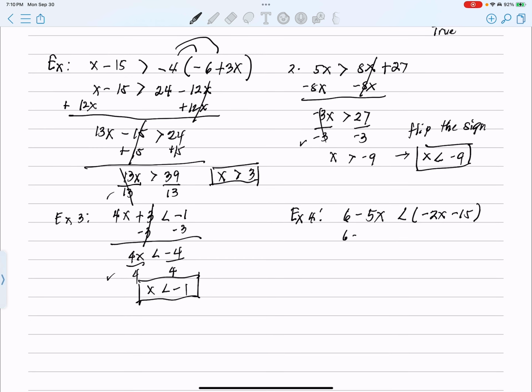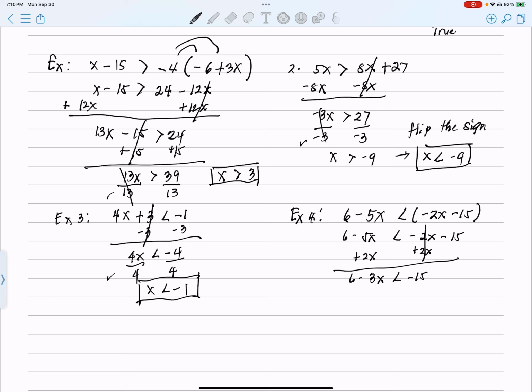6 minus 5x less than negative 2x minus 15. So we'll just take out the parentheses there. And then we move the variables to the left by adding 2x. So this will become 6 minus 3x less than negative 15.